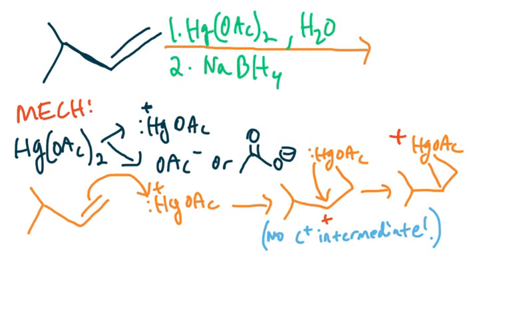So if we look at an example problem here, in the previous video we mentioned how this mercury bound to the two acetates split up, and the main thing we have to focus on is this mercury acetate compound, which becomes the electrophile since it's electron poor. This double bond, this alkene, is electron rich, so it's a nucleophile and will attack the mercury, which will lead to something like this.